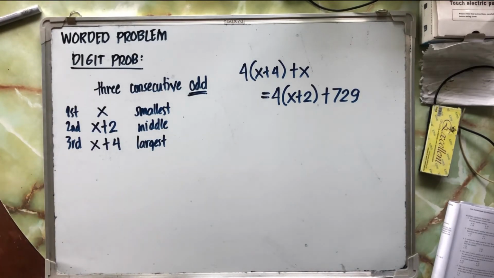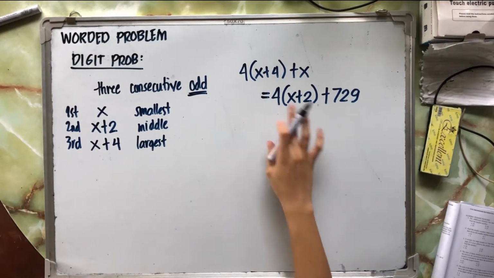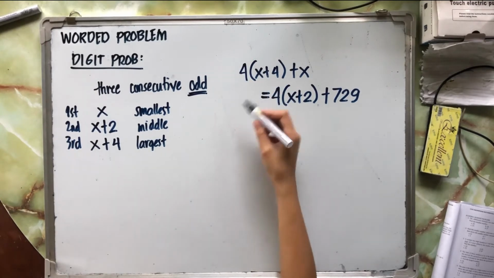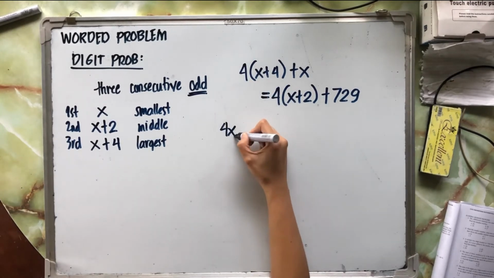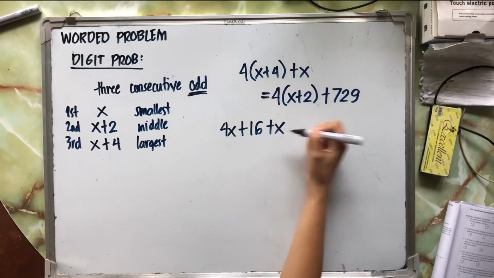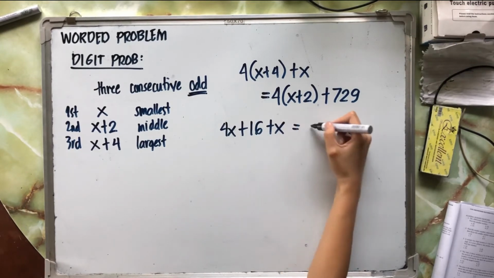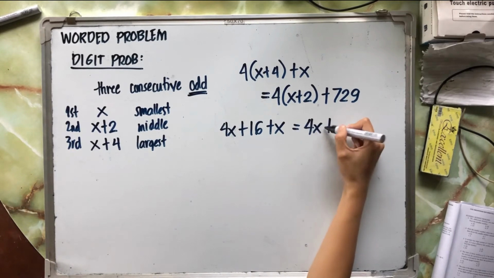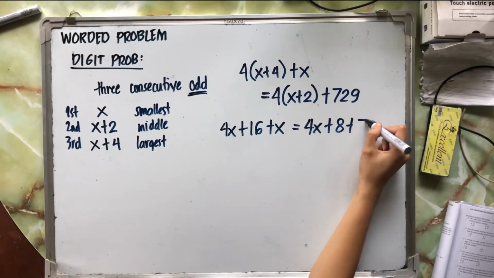Now, our mathematical equation is set up. Once the equation is set up, the problem becomes easy. So it's very critical how you set it up. Now, we have this one and then let's distribute. That will give us 4x plus 16 plus x, which is equal to 4x plus 8 plus 729.